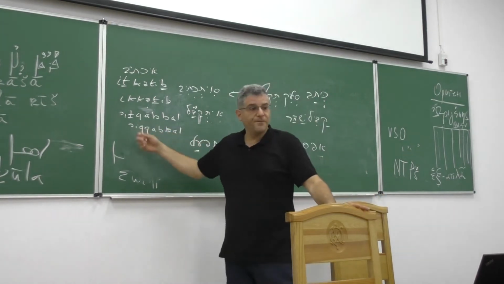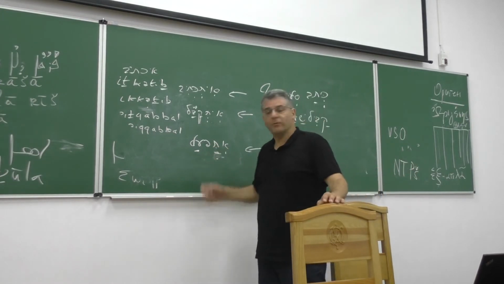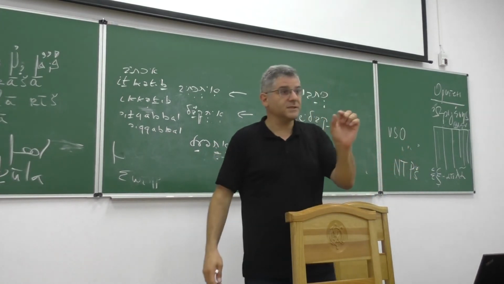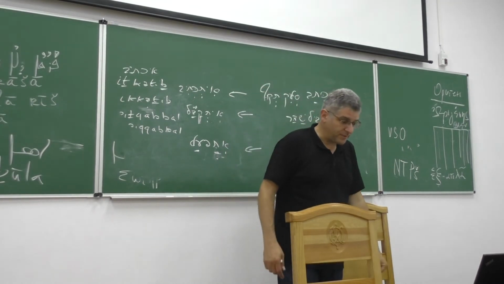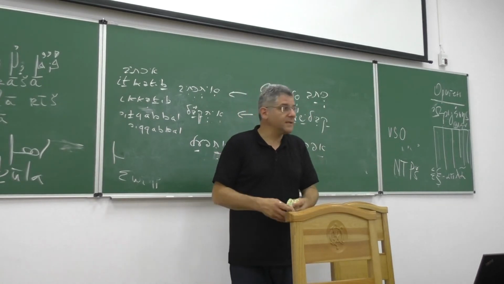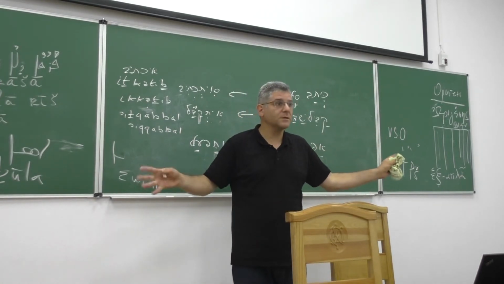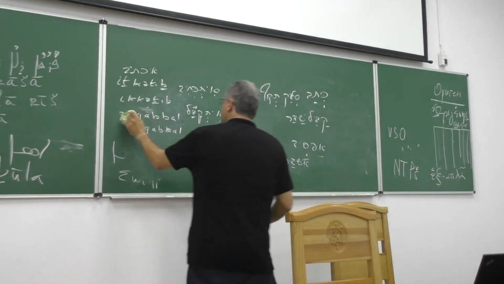It's very, very rare. But in this one, the tav will always be preserved because it's doubled. It is geminated, and therefore the tav will always be preserved. So that was the first topic that we addressed yesterday. Any questions on that? Everything is clear. Excellent.